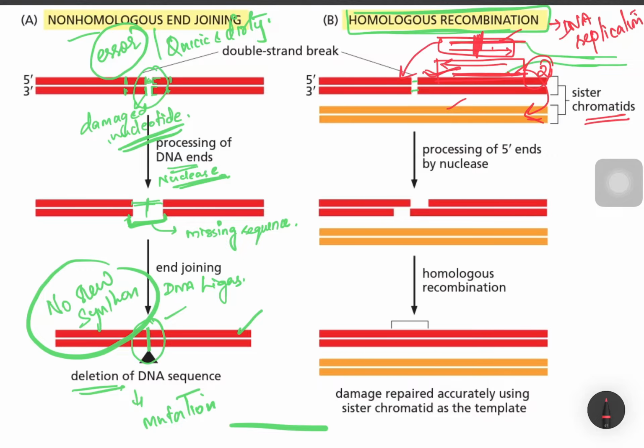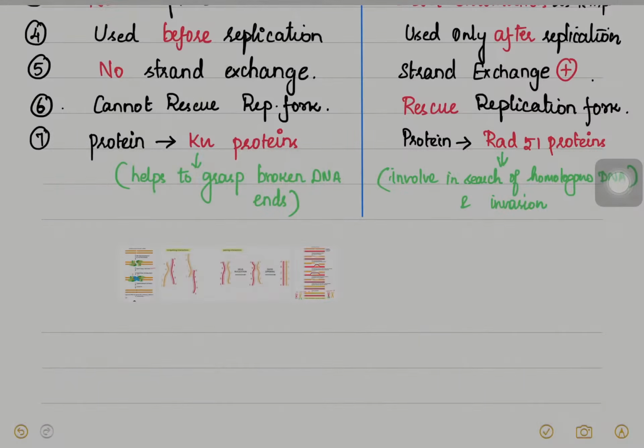Because only after DNA replication we will get sister chromatids. So it is a method used after DNA replication, whereas non-homologous end joining does not use any sister chromatids, hence it can be done before DNA replication also. This is the main difference between these two methods. Okay, let us see these two methods in detail further.